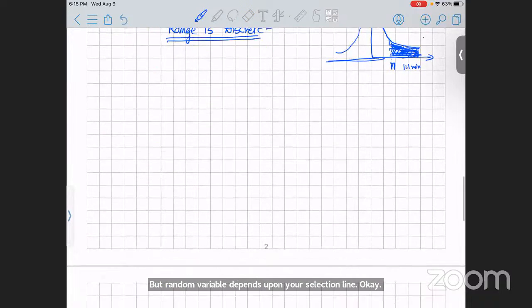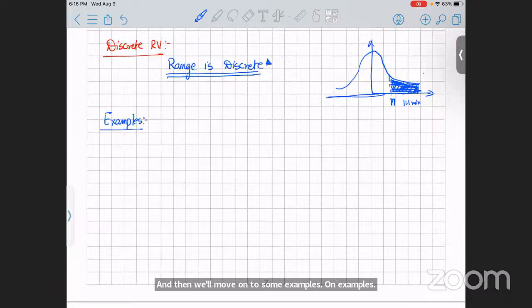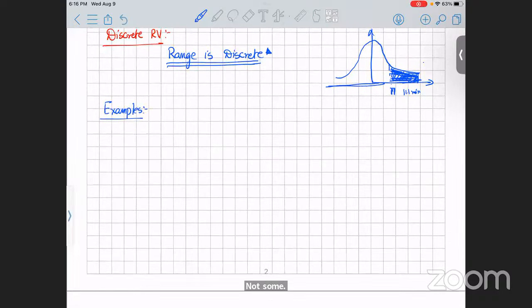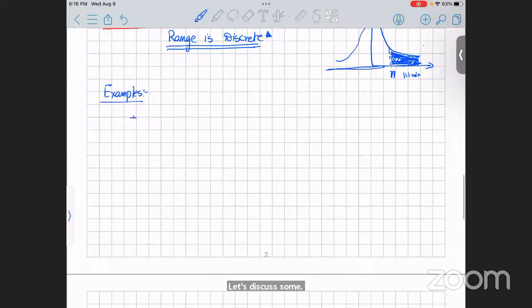And then we'll move on to some examples. I already discussed throwing the die. Let's discuss another one.